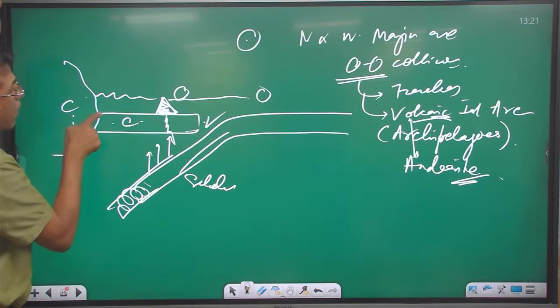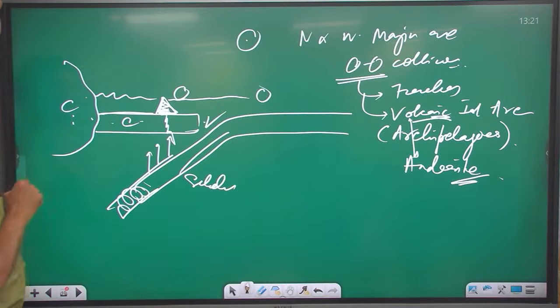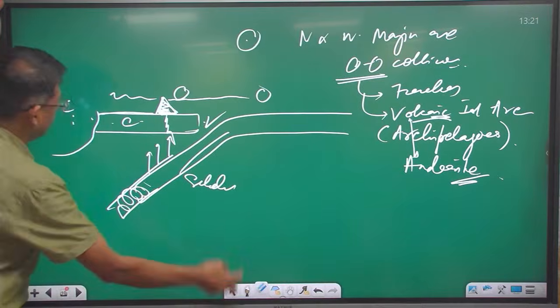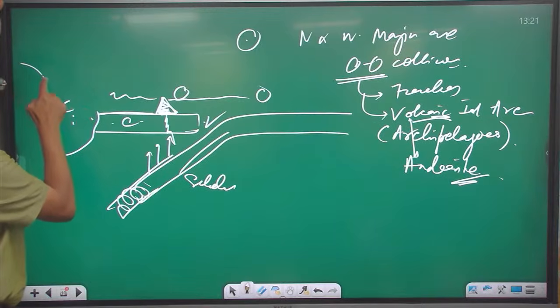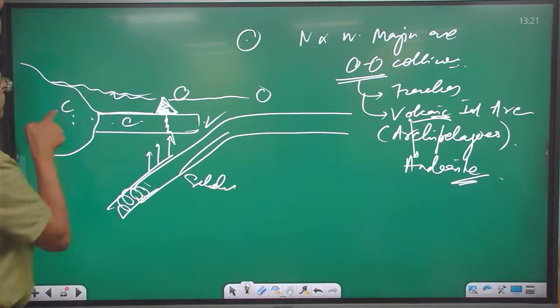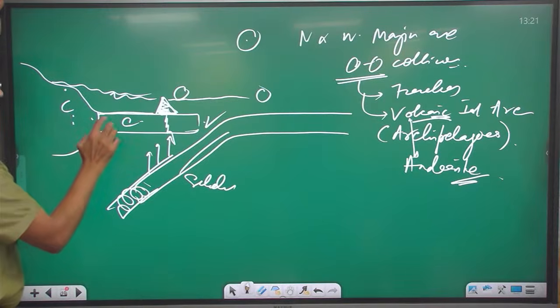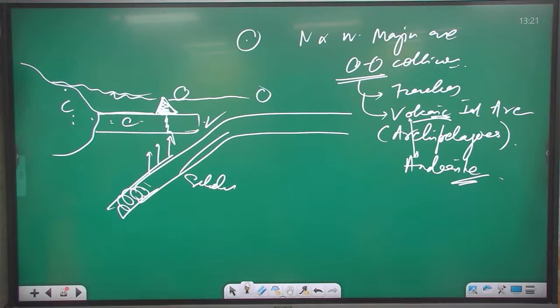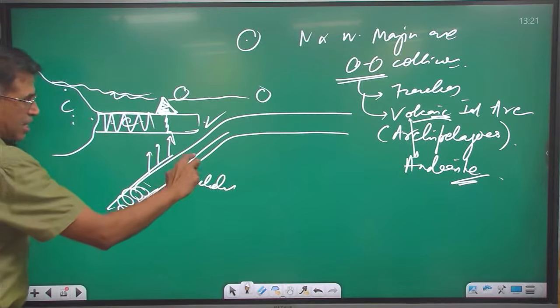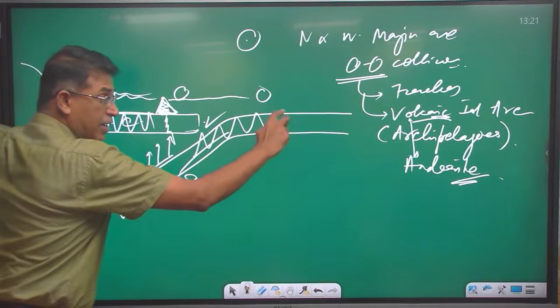On this side, an island, then an ocean part, and then I have continents. Now don't call this the shelf. The shelf is here, on the continent. This is the shelf part, and this is the ocean floor. Remember, the shelf is not ocean floor. The shelf is part of the continent's crust. This ocean floor is basalt, and this also is basalt.